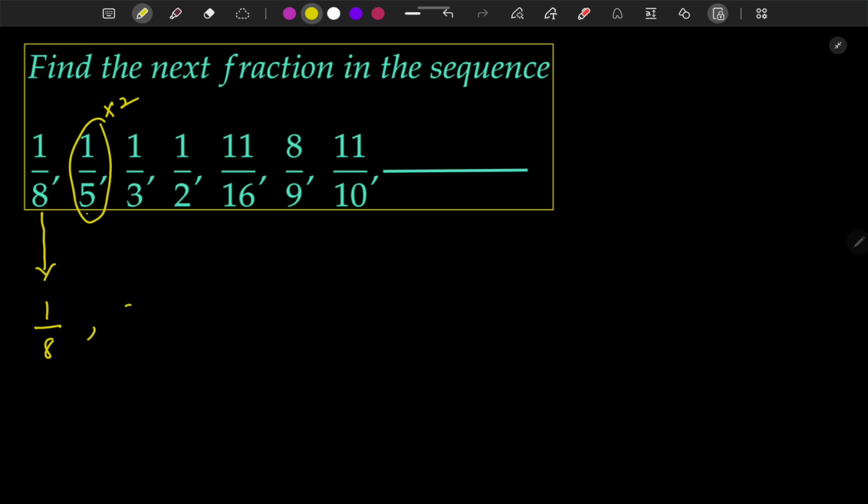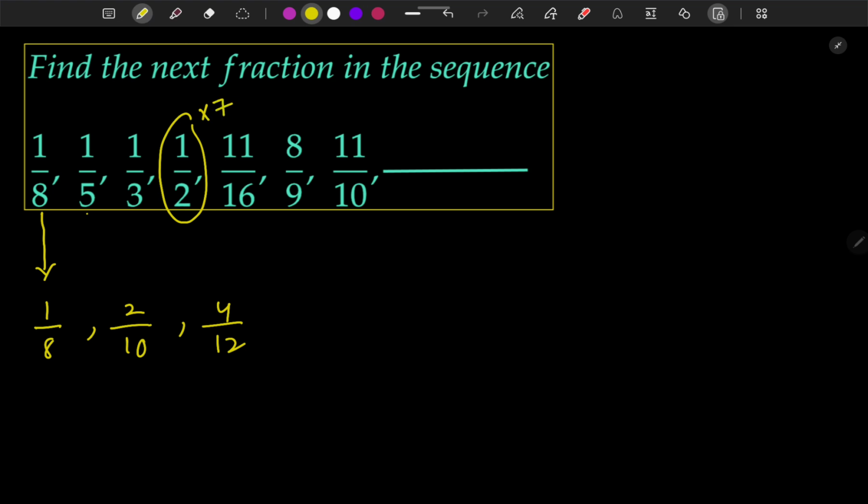Therefore, that is going to be 2 by 10. For the third fraction, I am going to multiply the numerator and denominator by 4. Therefore, that is going to be 4 by 12. For the next fraction, I am going to multiply the numerator and denominator by 7. Therefore, it is 7 by 14.